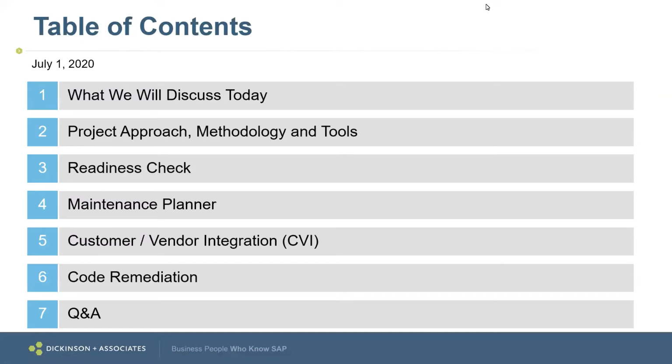Thank you, Spencer. Welcome, everybody. Today we're going to take a look at the process of moving from SAP ECC to S/4HANA. So we will take a dive into some of the particular tools and areas of specific need in doing such a conversion.